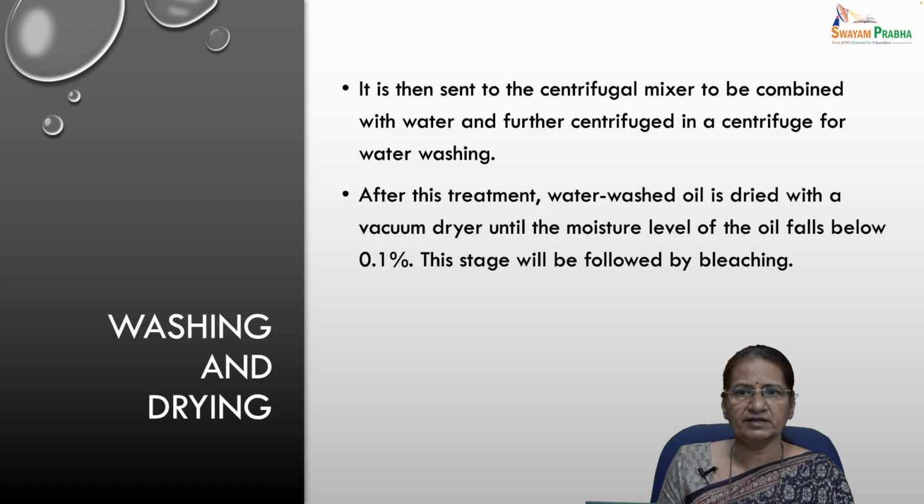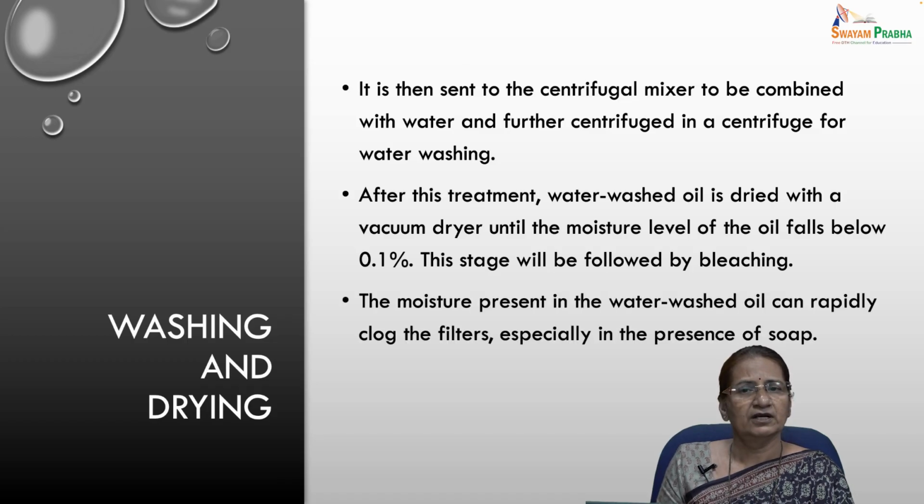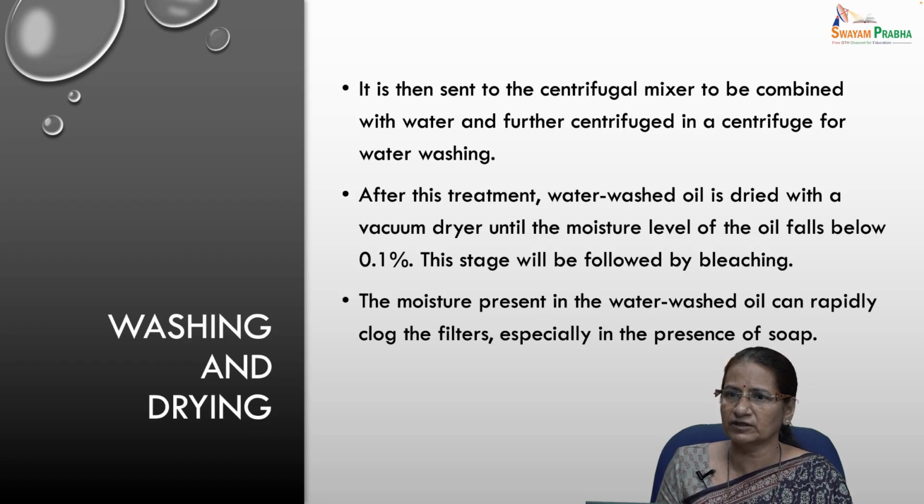After this treatment, water washed oil is dried with a vacuum dryer until the moisture level of the oil falls below 0.1%. This stage will be followed by bleaching. The moisture present in the water washed oil can rapidly clog the filters, especially in the presence of soap.